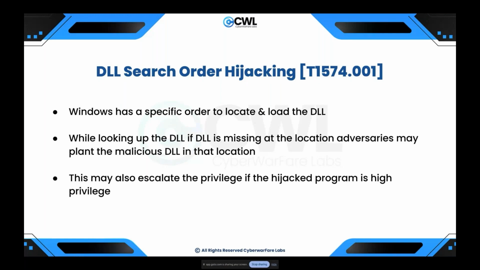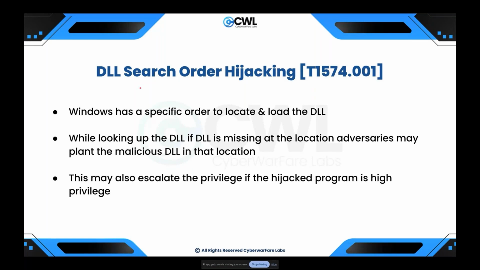But while Windows is looking up those DLLs, if they are missing in such locations, and the adversaries have the access to modify or implant the DLL into that particular location, then they can hijack the execution of that program by redirecting it to execute their malicious code.